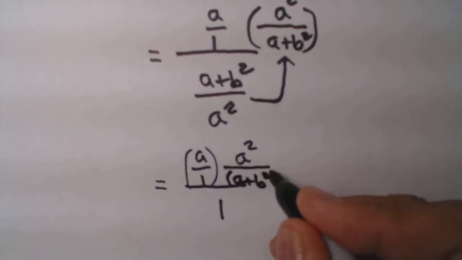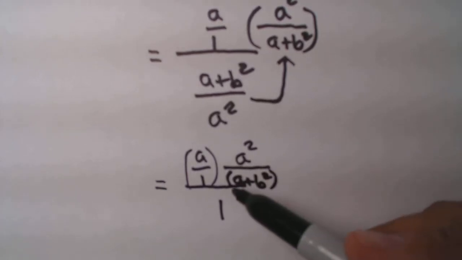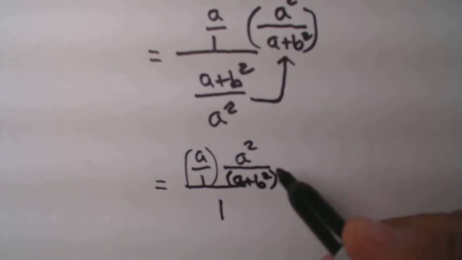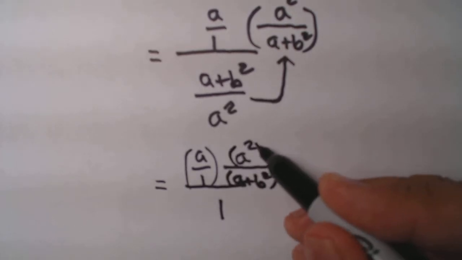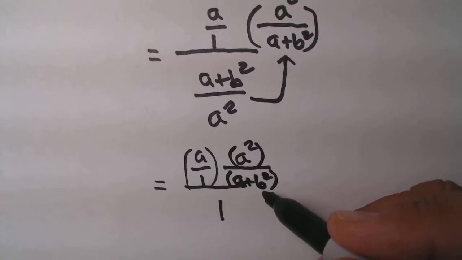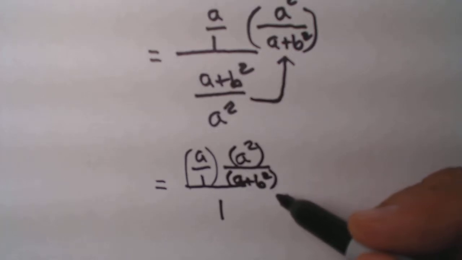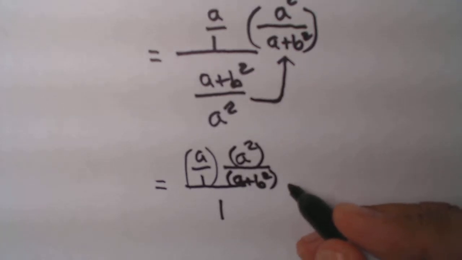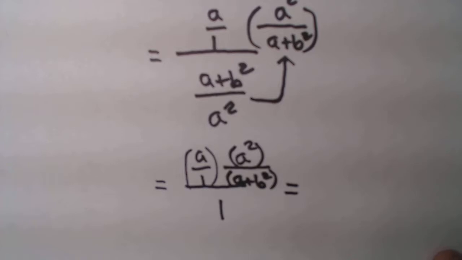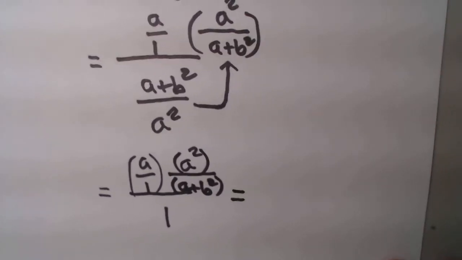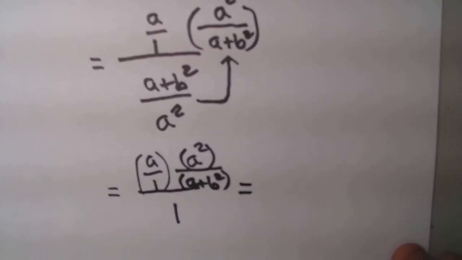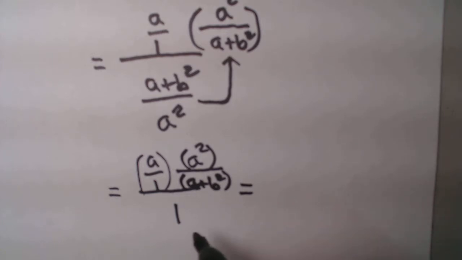So the only thing we can do to make a single term out of it is put parentheses around it. So here we go. These are all the guys that are multiplying each other. We can't cross cancel here because the a is not the same as this quantity a plus b squared. So here comes our final answer on this. Okay, let's write it out here. And the final answer then, we got a 1 downstairs, so we don't need to write it.